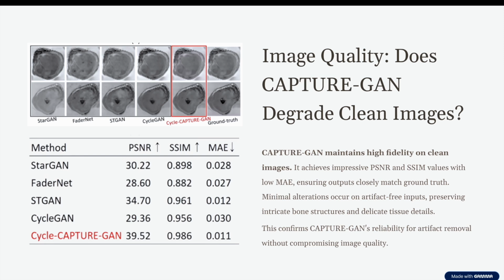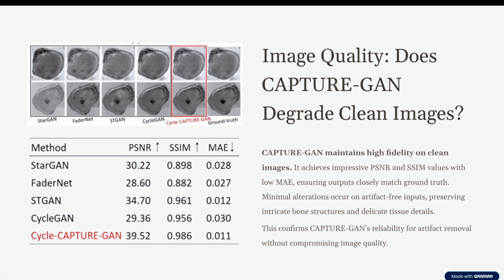The table below shows metrics like PSNR, peak signal-to-noise ratio, SSIM, structural similarity index, and MAE, mean absolute error. For CAPTURE-GAN, the PSNR and SSIM values are high and the MAE is low, indicating high fidelity and minimal deviation from the original clean image.